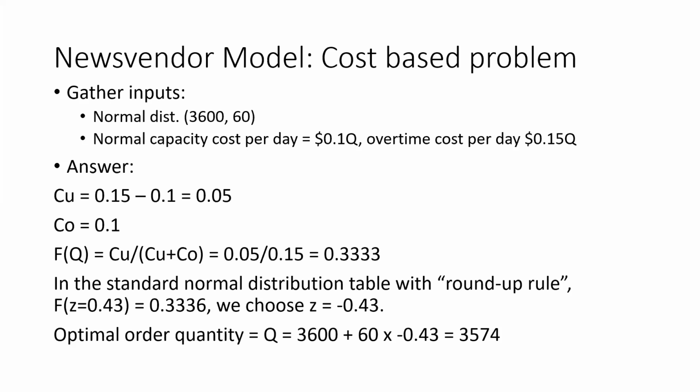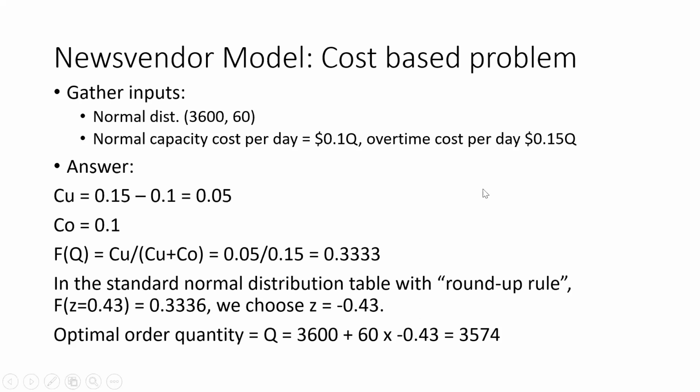Why is CU 0.05? It's like, I wish I could have one more capacity. If you have one more capacity, you're going to pay extra $0.05 for it. So it's the cost of underage. CO equals the overage.